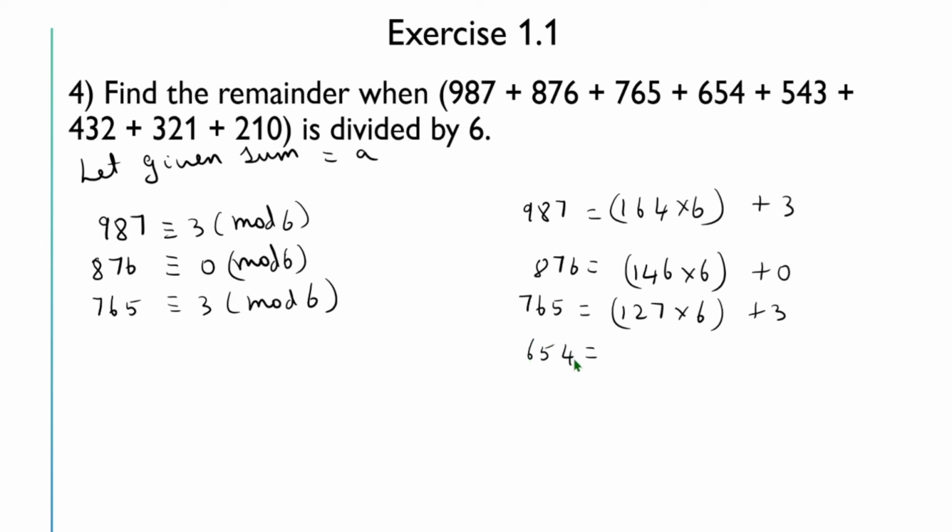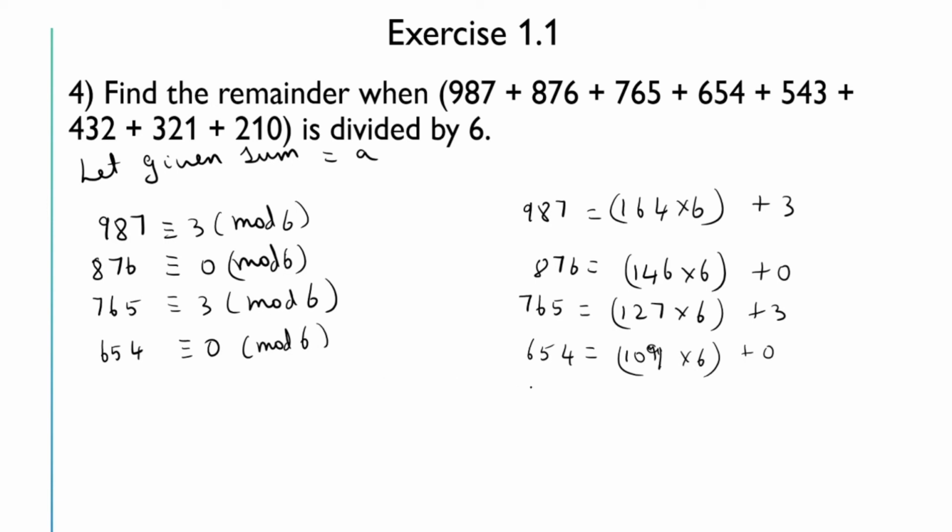So 654 is divisible by 6. 654 is nothing but 109 into 6 plus 0. That is, the remainder is 0. So we have 654 congruent to 0 mod 6.